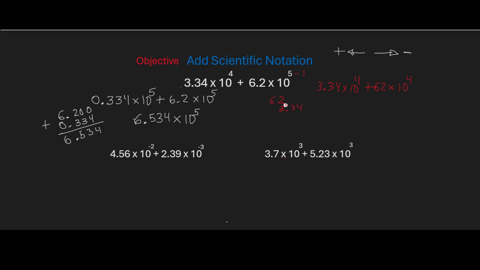Now 62, you don't see the decimal point. The decimal point should be at the end, and then I'm going to put zeros to add it up. Now, adding this up, you're going to get 4, you're going to get 3, the decimal point, bring it down, then 2 plus 3, that will be 5, and you see this number 6?